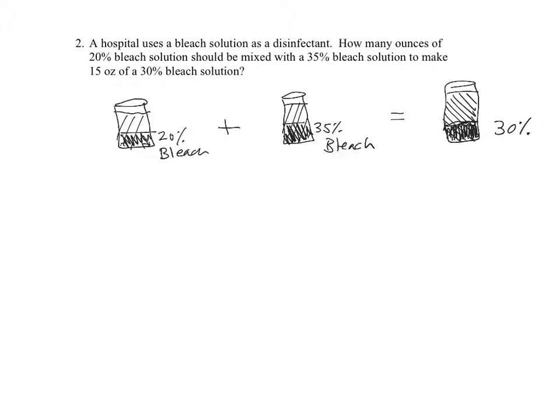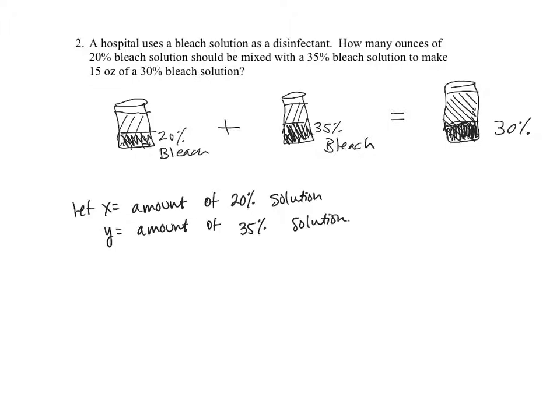Okay, so we're going to define some variables. We'll let X equal the amount of actual liquid in the 20% solution, and Y is going to be the amount of the 35% solution that we're using. What we do know is that when we put these two things together, we have 15 ounces.